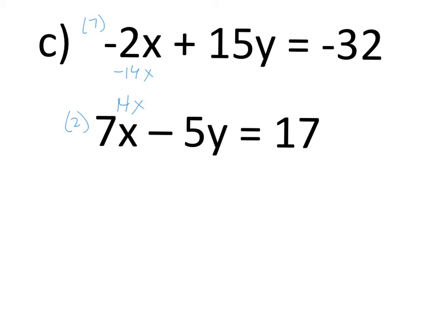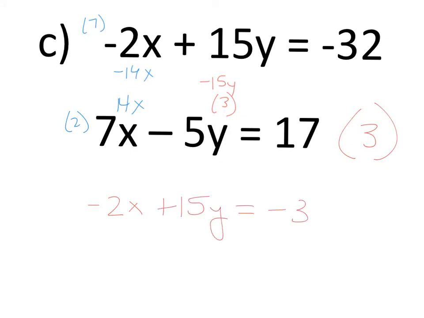To me, though, I think it would be easier in this case to get rid of the y's. Because when I'm getting rid of the y's, I can just multiply by 3, and that's going to give me this -15y. So now these will cancel out. I'm going to do it with the red one here. I'm going to multiply by 3. Now remember, you've got to multiply everything by 3. The top equation, I'm not doing anything to it. So -2x plus 15y equals -32.